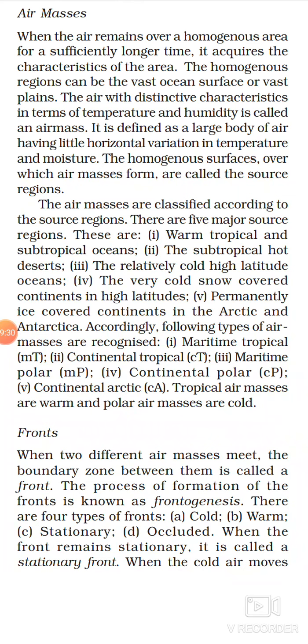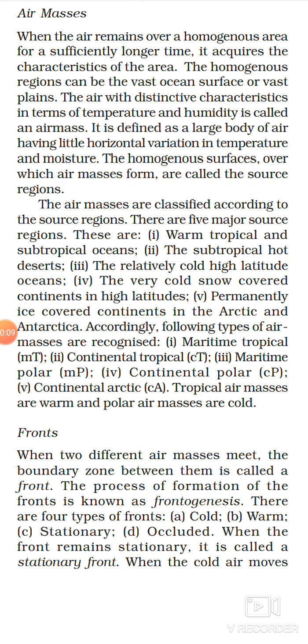Five major source regions: warm tropical and subtropical ocean, the subtropical hot desert, the relatively cold high latitude ocean, the very cold snow covered continents in high latitude, and permanently ice covered continents in Arctic and Antarctic. Five types of air masses are recognized: maritime tropical, continental tropical, maritime polar, continental polar, continental arctic.